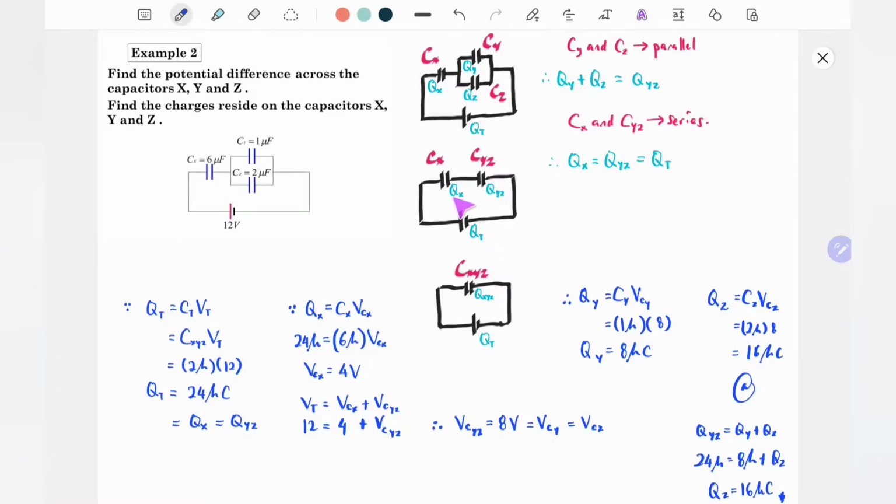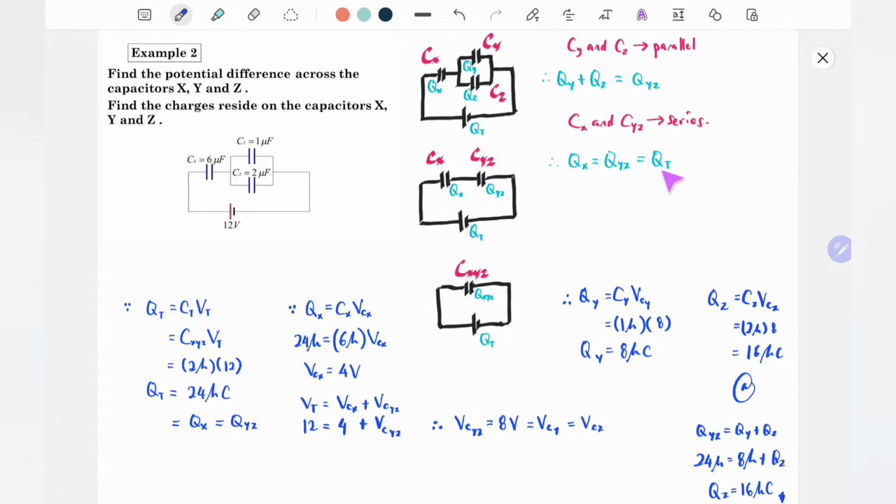So Q stored by X equals Q stored by YZ, which equals QXYZ. That is the keyword here: for any series arrangement, Q total equals QX equals QYZ.